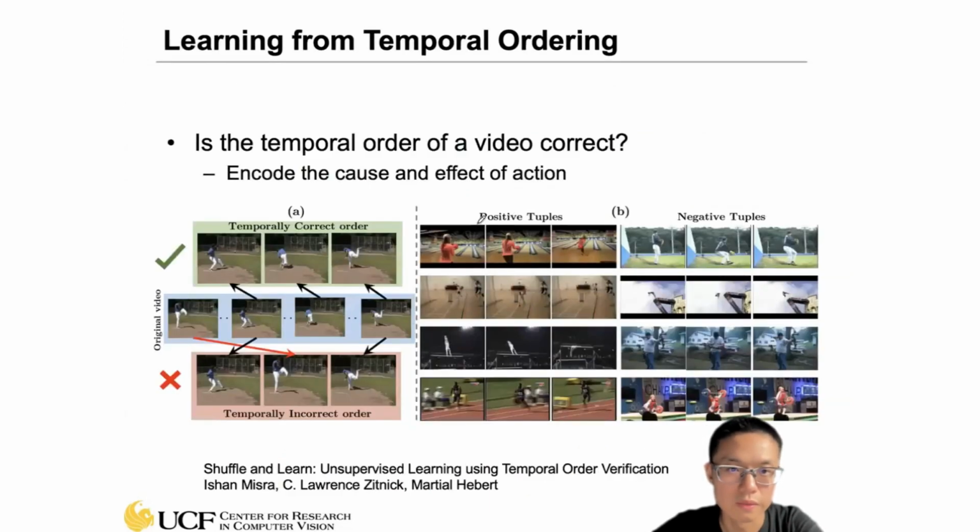Another one is that we can use the temporal order of a video. As I mentioned, time is an inherent supervision signal, and we want to leverage that. So basically we can select 3 frames in the original temporal order, and maybe shuffle them into an incorrect order, and ask the network to predict whether this is the correct order or the incorrect order. So this can be a binary classification, positive or negative.